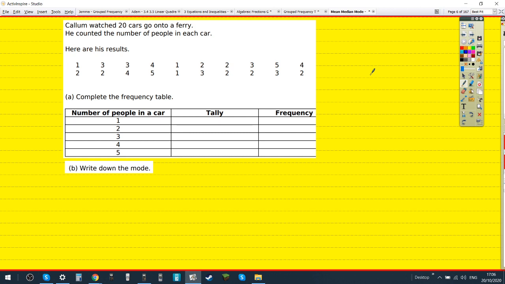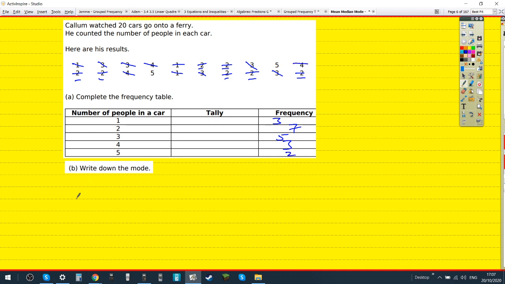So the 3 1s. 7 twos. 5 threes. 3 fours. 2 fives.